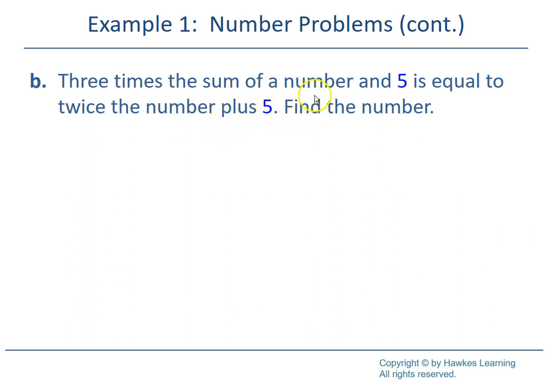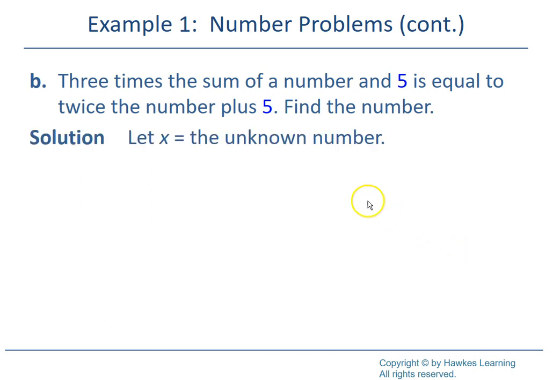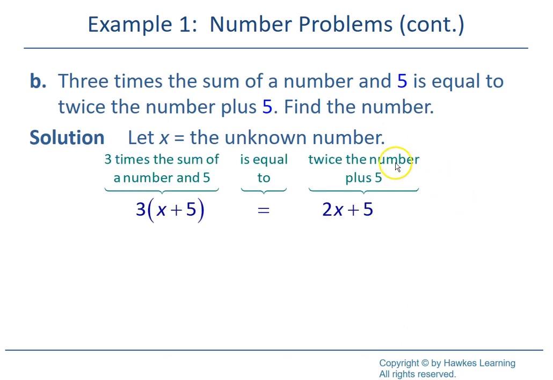We had done these before in pieces. Here they're going to say let X equal the unknown number, which is often the case. So we indicate a sum of a number and 5 by putting it in a parenthesis, and 3 times that equals twice the number plus 5.